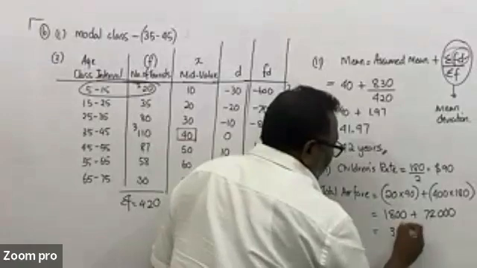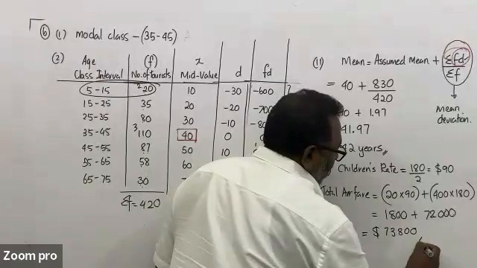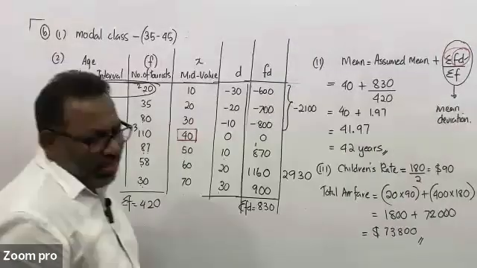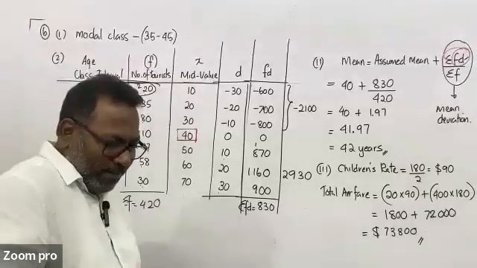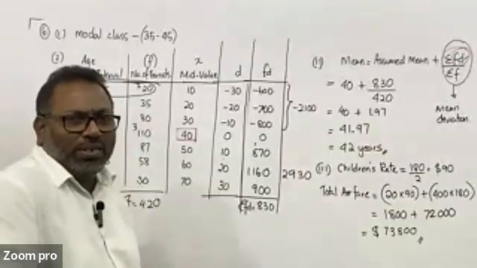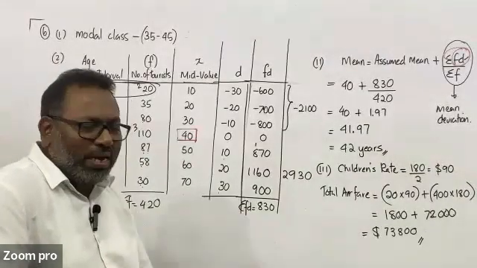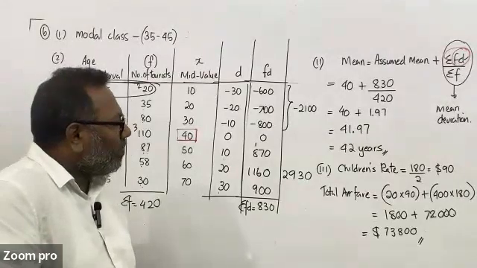So total cost is $73,800. Okay. You can just straight away add it. 72,000 plus 1,800 should give 73,800. No, but just be careful. Just double check when you do that.